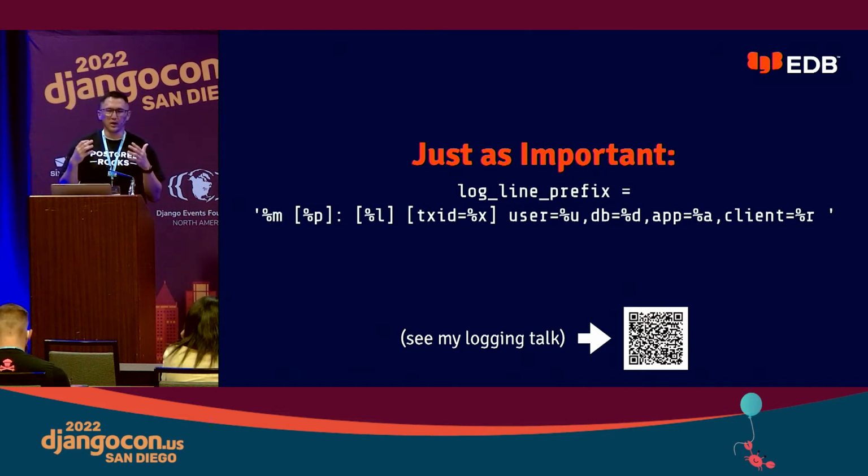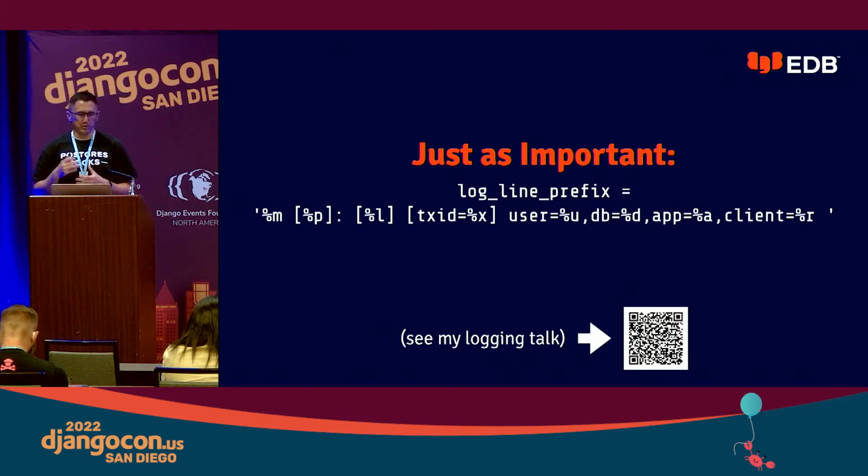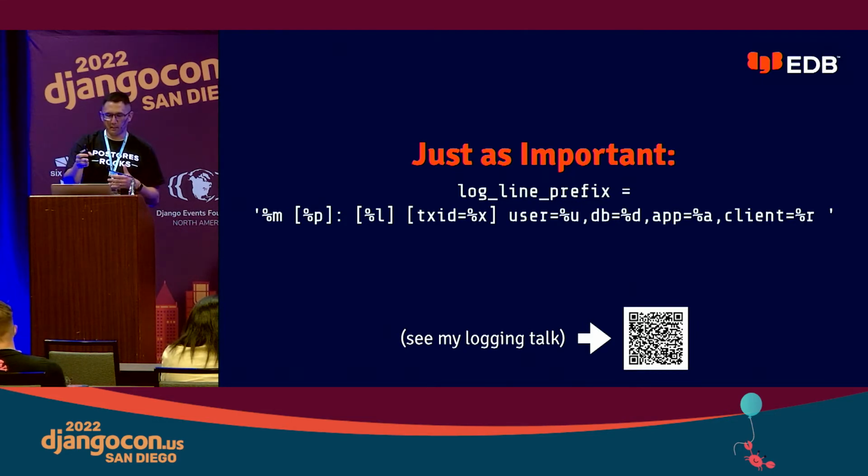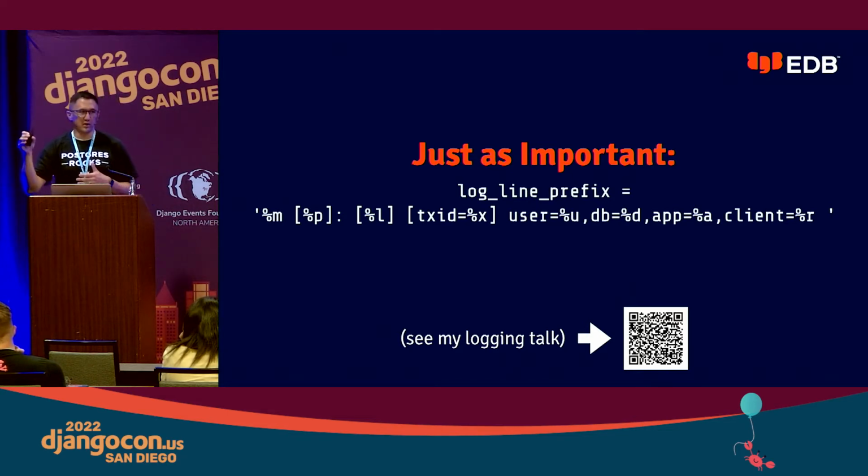We want to keep everything minimal so that people don't have hurdles starting it up. So I'd set this to timestamp followed by a process ID, followed by a line number and a transaction ID, user, database, application name, and then the client IP address or host name. This will help you tremendously when it comes to debugging query issues, especially if you have many sessions or many web servers connecting to the database at one time.